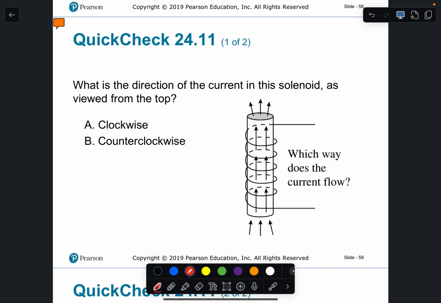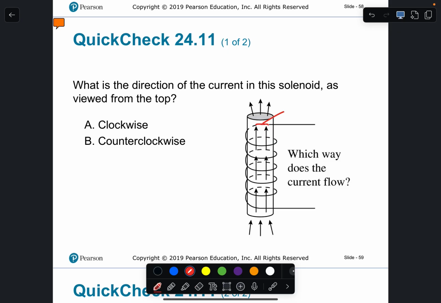Okay? So if I start my thumb moving from the top, this is where my thumb is. I'm going to put my thumb right here, which is behind the solenoid, right? You see the dashed line?